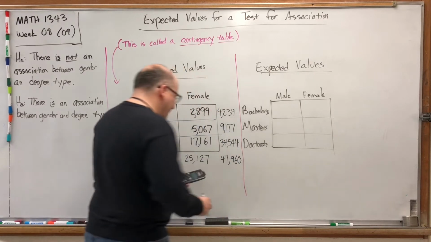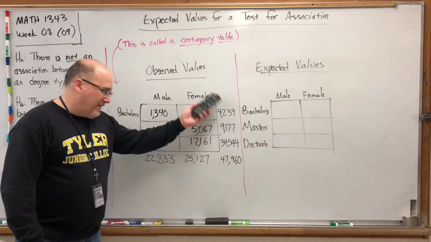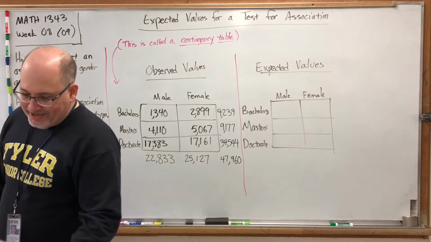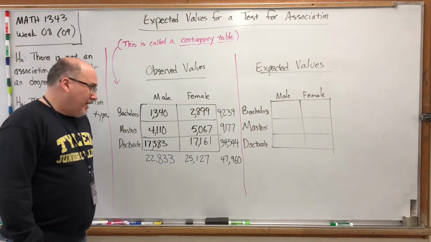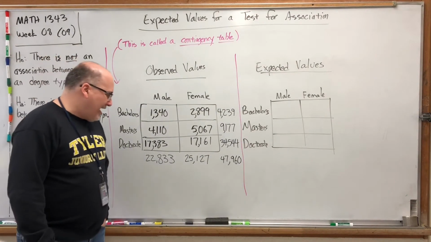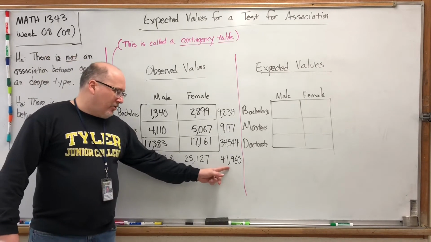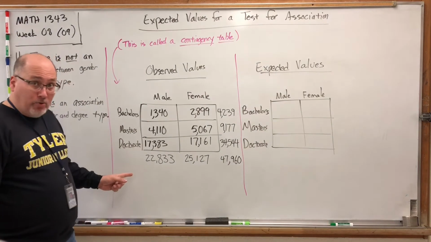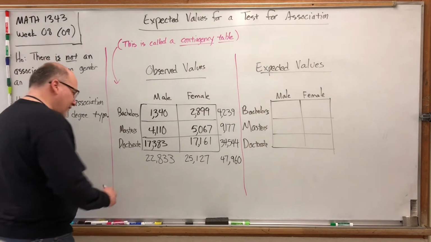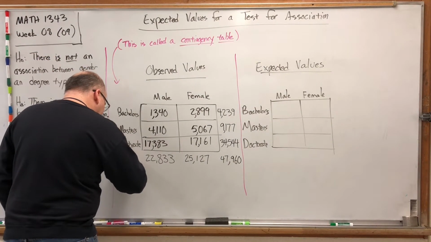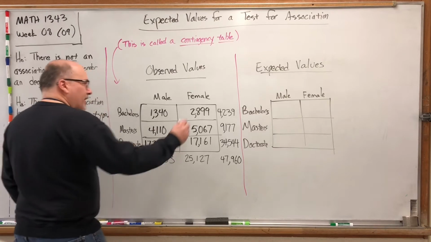But the reason I added up the final row and the final column wasn't just to make sure that I didn't make an arithmetic mistake. And I'm kind of glad I did, because I had when I mistyped this number. But I'm going to need not only this total, but all these totals in calculating the expected values. So let's go ahead and title this the total and the total.